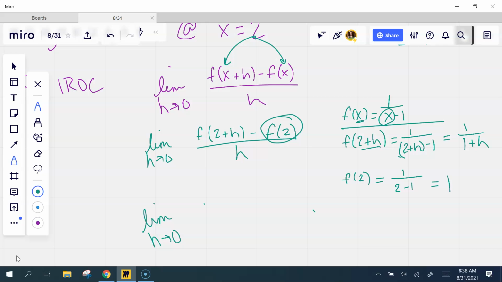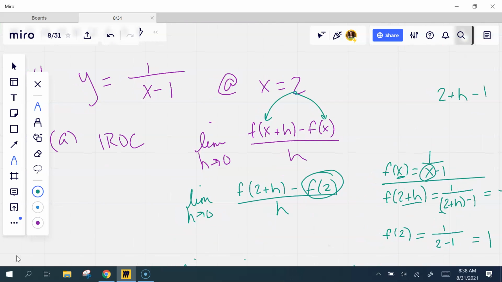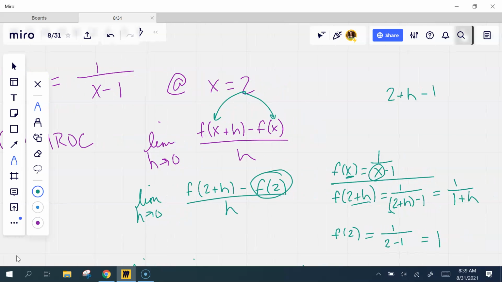That was the original f of x, the one given. Then I plugged in 2 plus h for x here, and I plugged in 2 for x there. I just kind of evaluated them off to the side because everybody was getting confused on where everything was coming from.